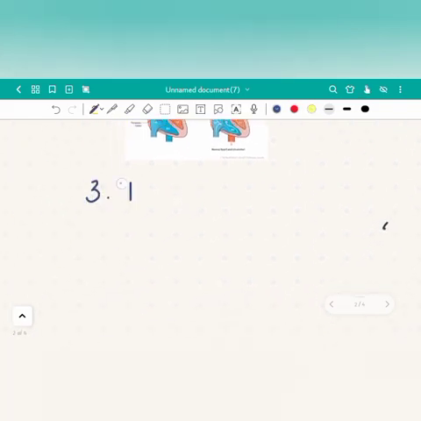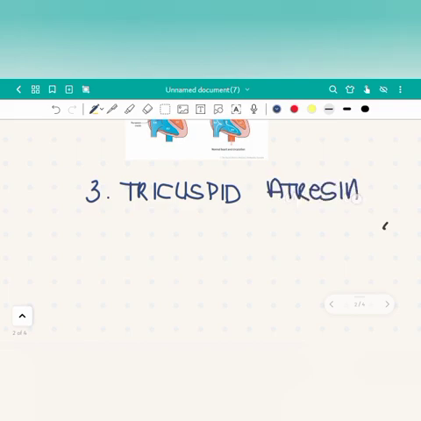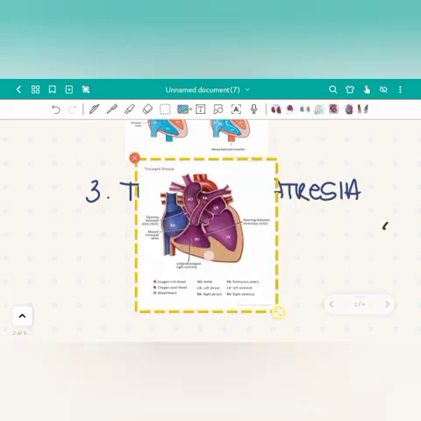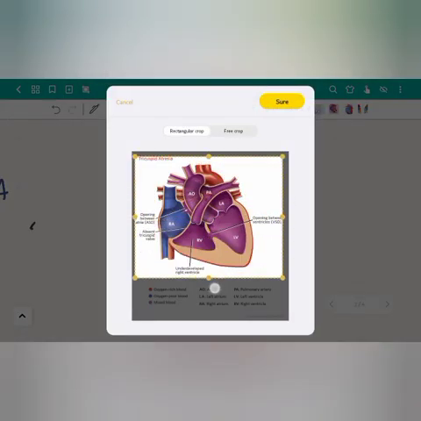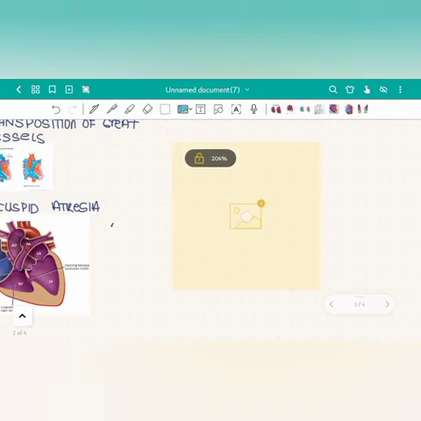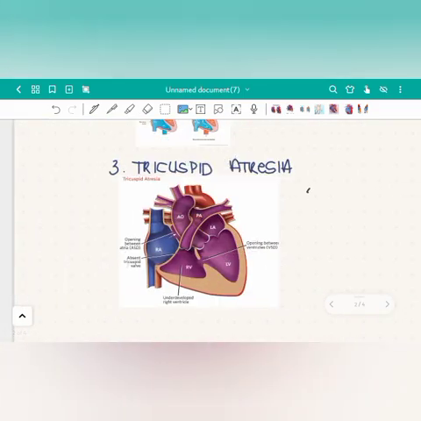Then the third one is the tricuspid atresia. So tri means there are three defects here. Closure of the tricuspid valve. So as we can see, there is a closure of the tricuspid valve. We have the ventricular septal defect and the atrial septal defect.